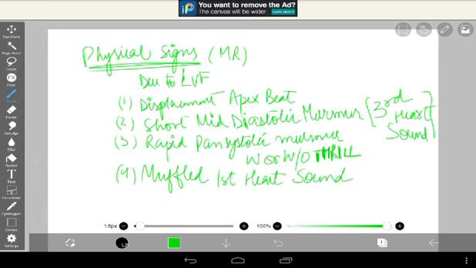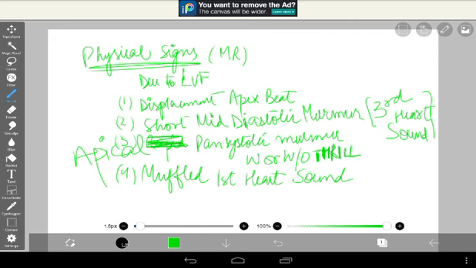Along with this, due to a regurgitant jet, we are going to find an apical pansystolic murmur. That pansystolic murmur will be slightly apical if we listen to it through a stethoscope.